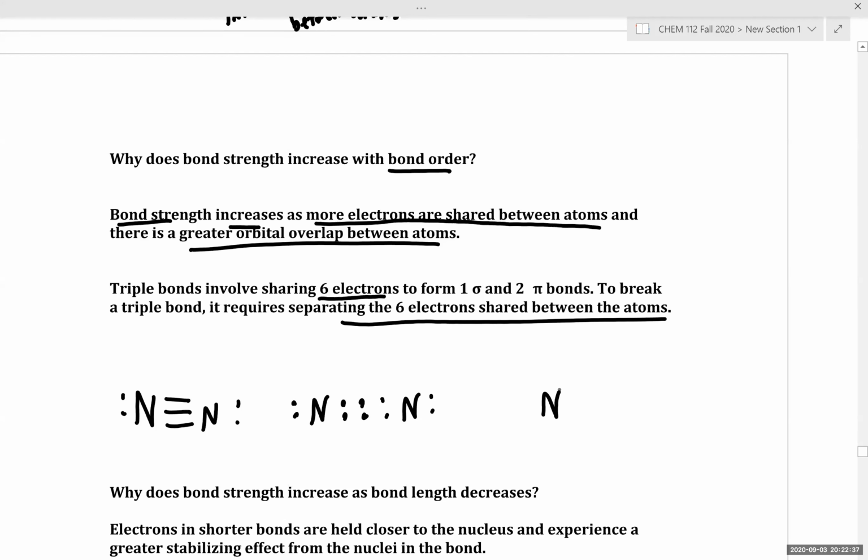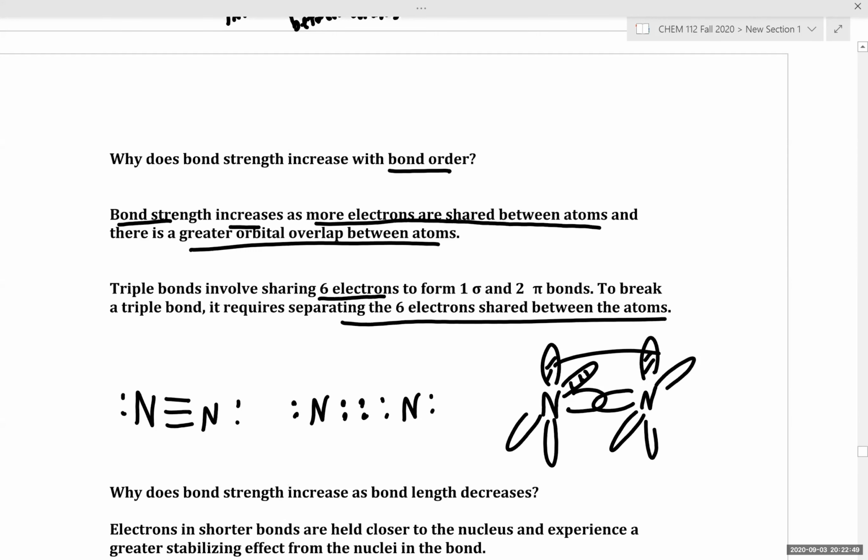Further, if you look at it from an orbital picture, we have a large amount of orbital overlap.